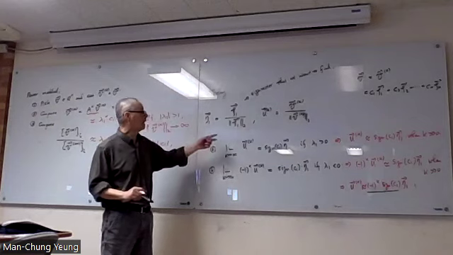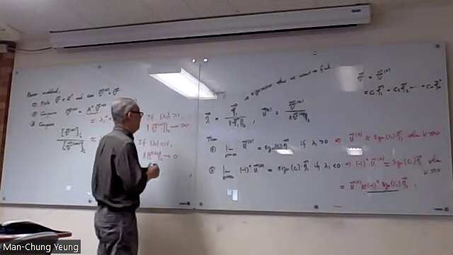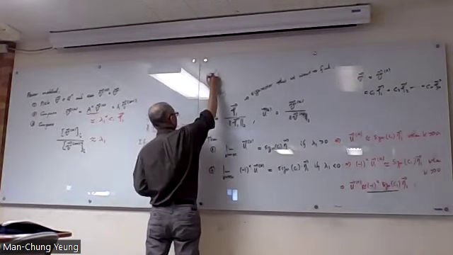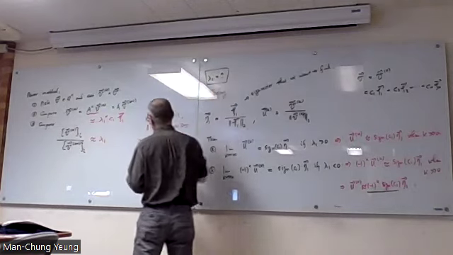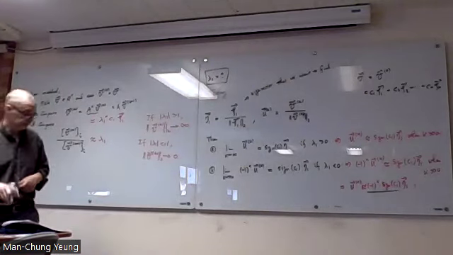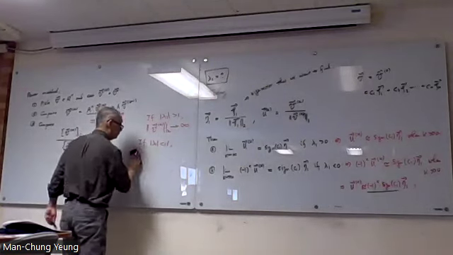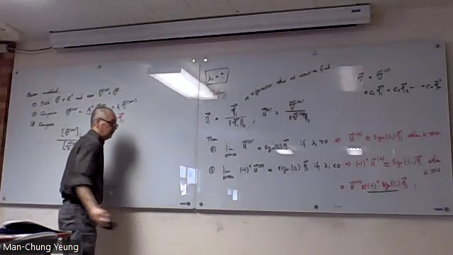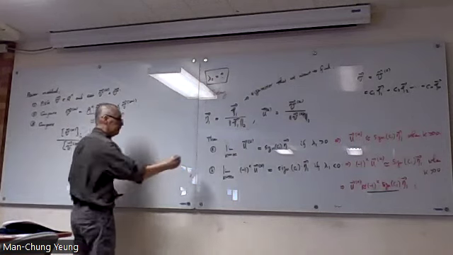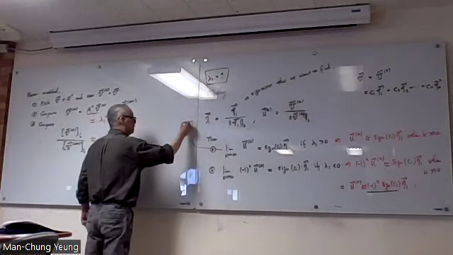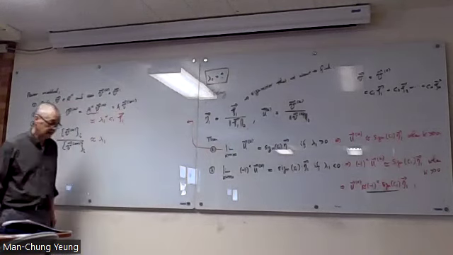Now, how to find the eigenvalue? How to find lambda 1? Also two cases. This case first.